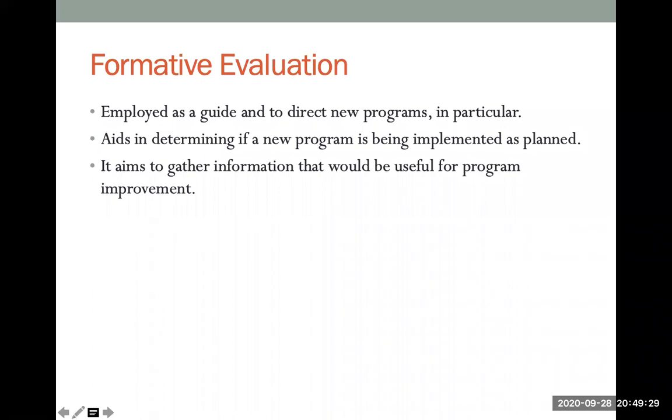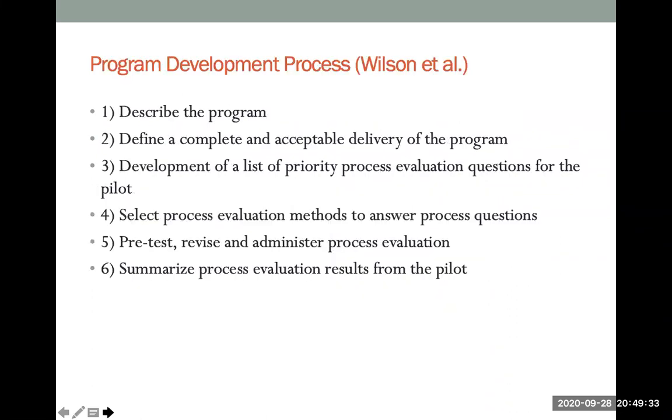The piece that I want us to highlight is what Wilson did in the article you had to read for this week's class. What Wilson was doing in this specific program is that they conducted an actual formative evaluation on their student-centered motivational after-school physical activity program.